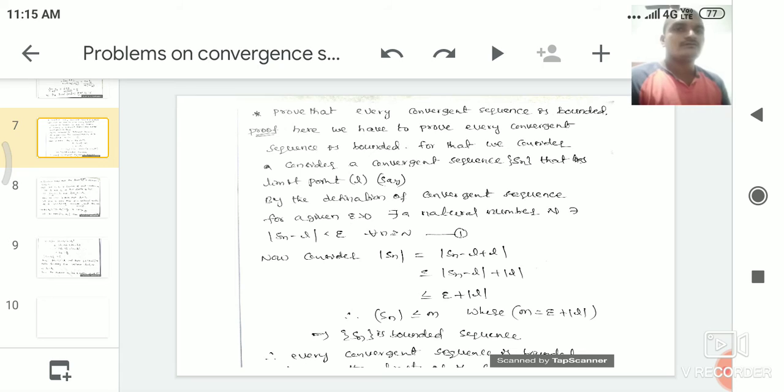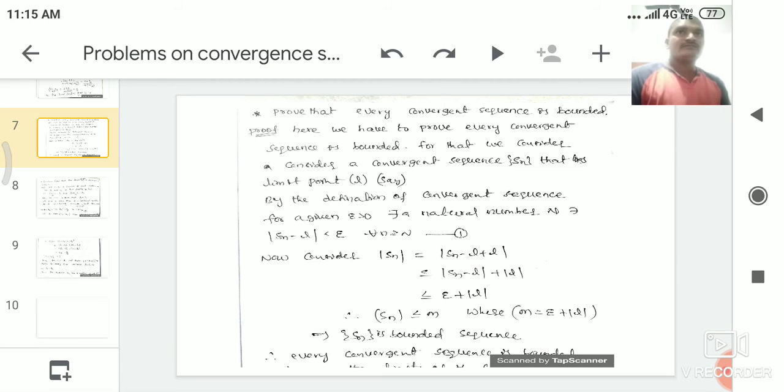Okay. So once again I repeat this theorem. What is the theorem? Prove that every convergent sequence is bounded. For that we take one convergent sequence and we have to show that the sequence is bounded. By using the definition of convergent sequence, that is mod Sn minus L is less than epsilon.